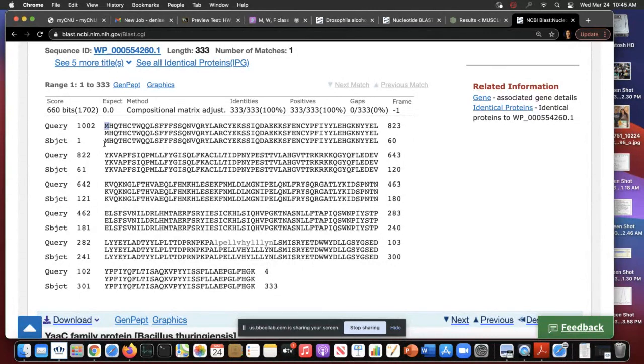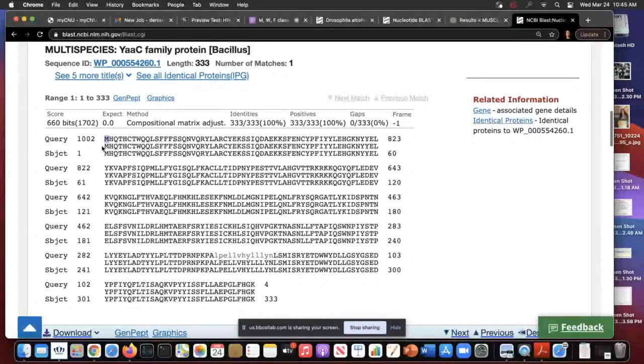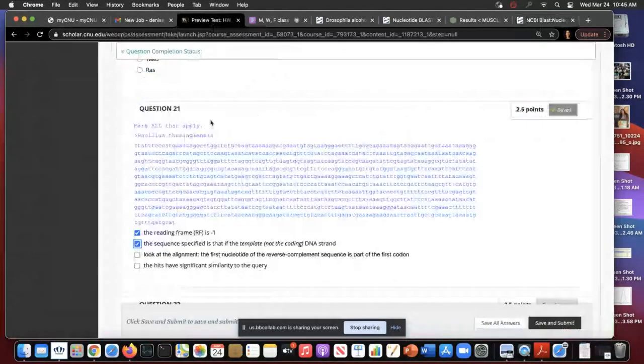What I was hoping that you would see is, let me show you the sequence in here. So this guy here, when I reverse complement, that would be ATG, and ATG is a methionine. So this is a little cryptic. I won't ask this specifically on the exam.